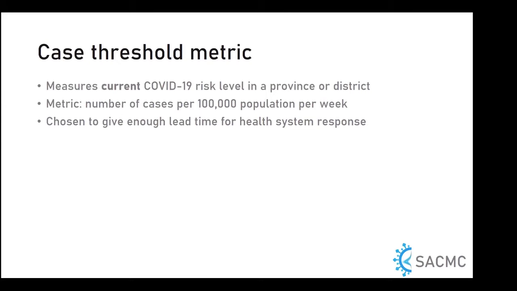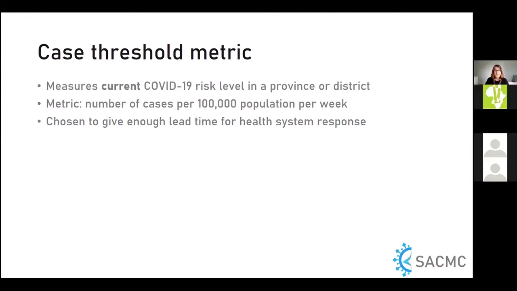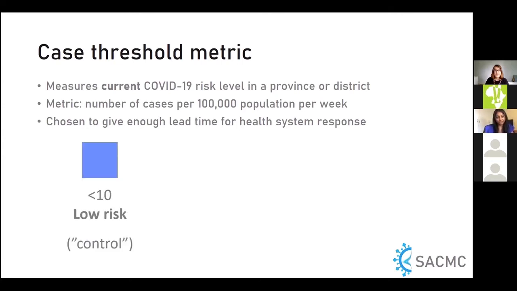And we have, in this case, chosen this particular metric so that it will allow enough of a lead time or enough of a preparation time to enable a health system response for the Department of Health and planners and businesses and so forth, but also for the public in order to anticipate areas that may become of high risk or plan adequately if travel to an area is going to be taking place in the next few weeks.